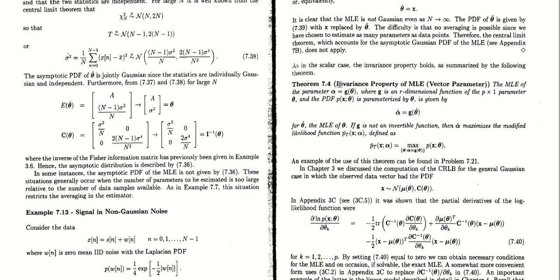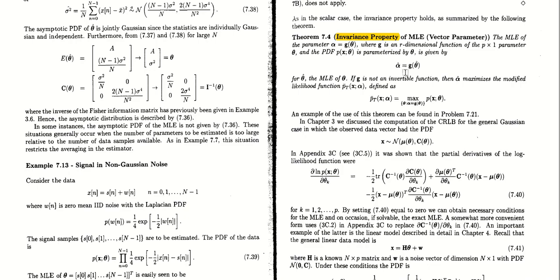Okay, that's called invariance. Invariance 叫做在转换的过程里面不改变的特性，这个叫做 invariance。Okay, if you get an MLE for theta, you take the function, you get the MLE of alpha hat. Okay, as simple as that.